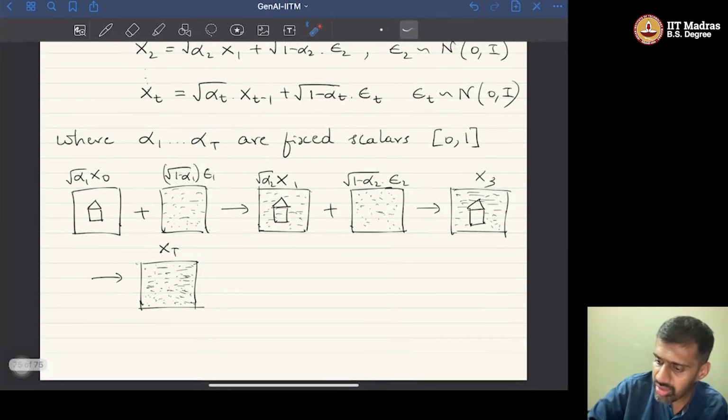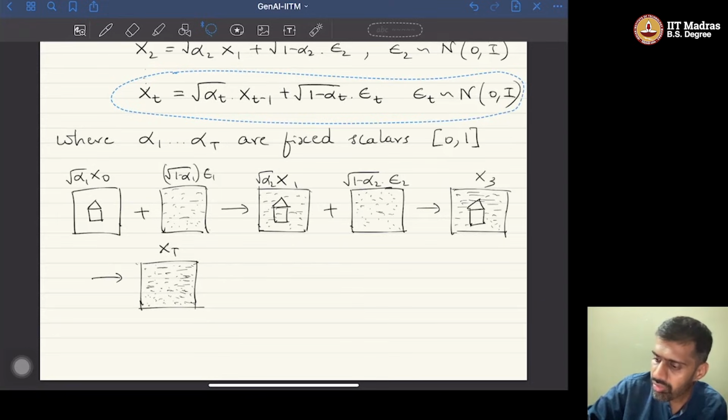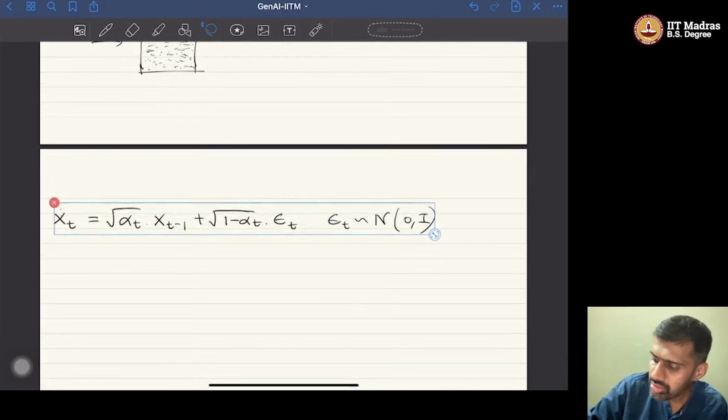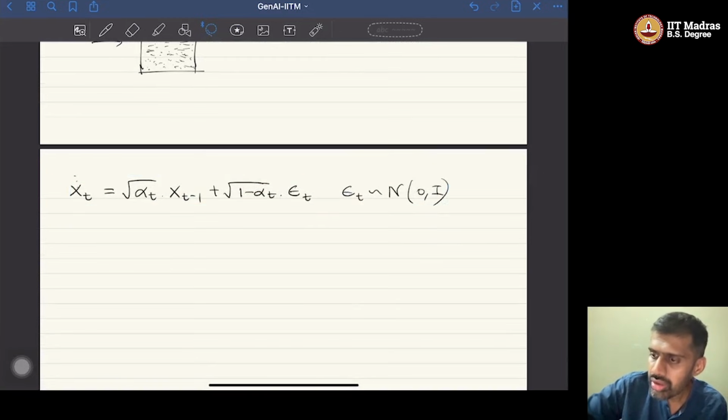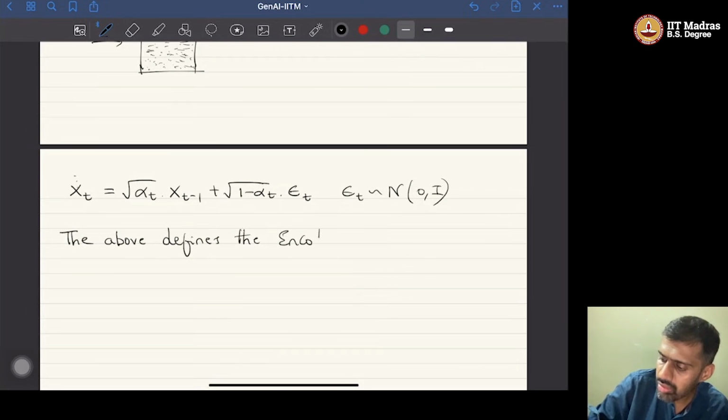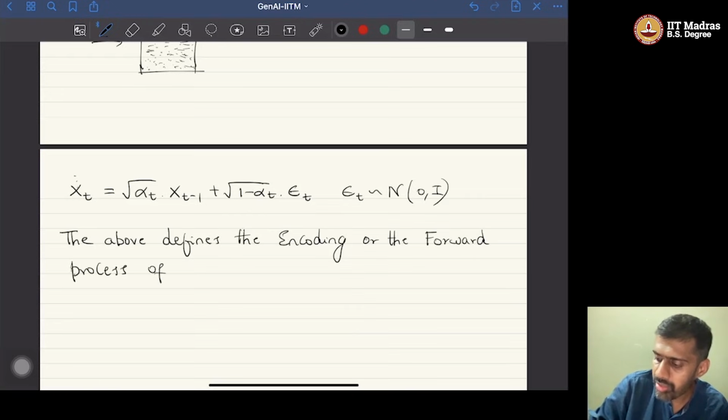So this forward process that we have just defined, let me take the entire thing now. The forward process above defines the encoding or the forward process of a DDPM.